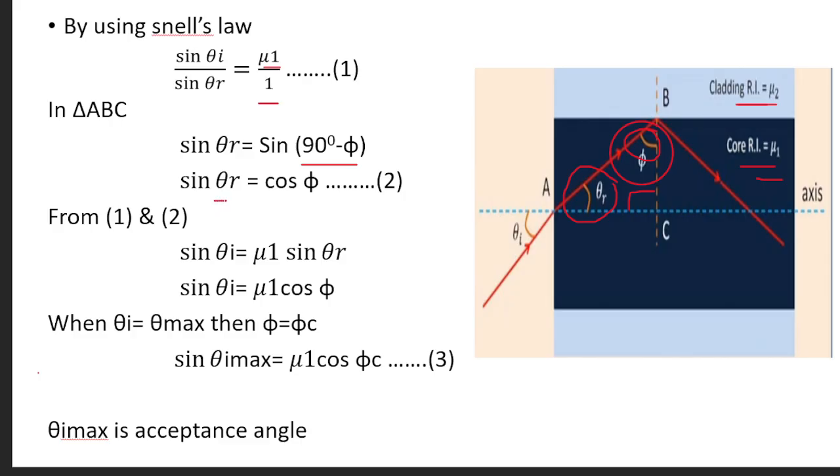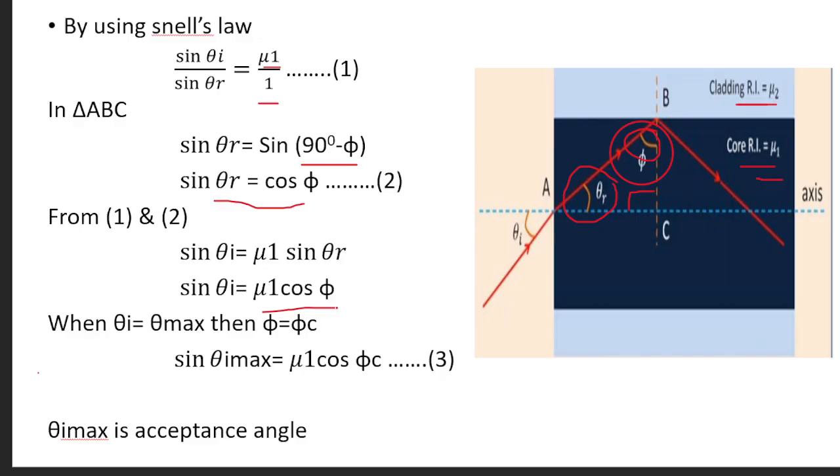Therefore your equation 2 is sine of theta r equals cos phi. So by using equations 1 and 2, we can write the following. Rearranging equation 1, we can write sine of theta I equals mu1 sine of theta r. So replacing the value of sine of theta r by equation 2, we can write it as mu1 cos phi.